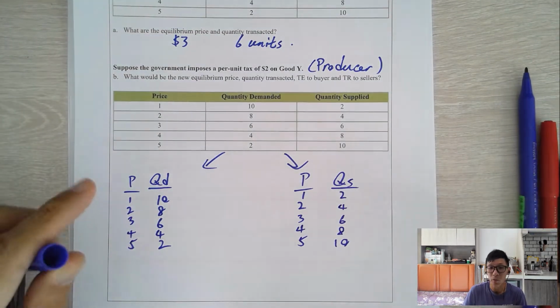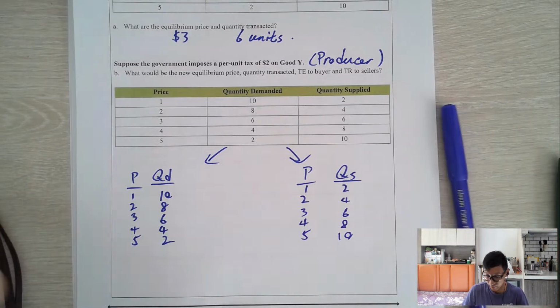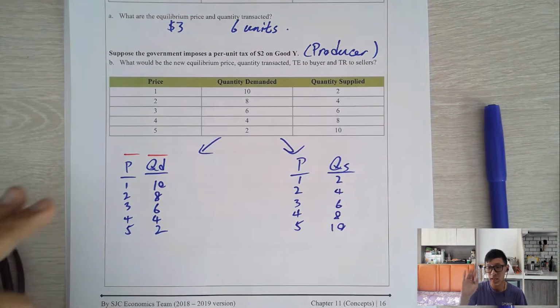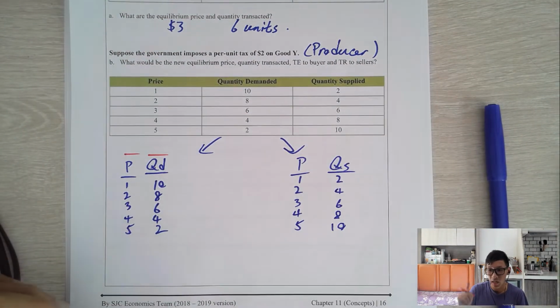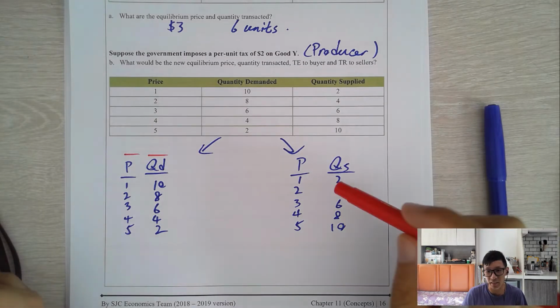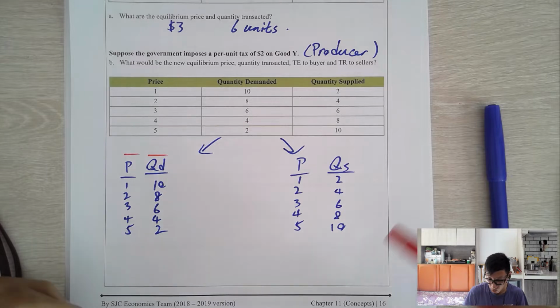好啦 we know that since this tax is on the producer, therefore this part would remain unchanged. 呢 part 係唔變㗎啦。The thing is, now we are imposing a tax such that the cost would increase, right? Think about it.